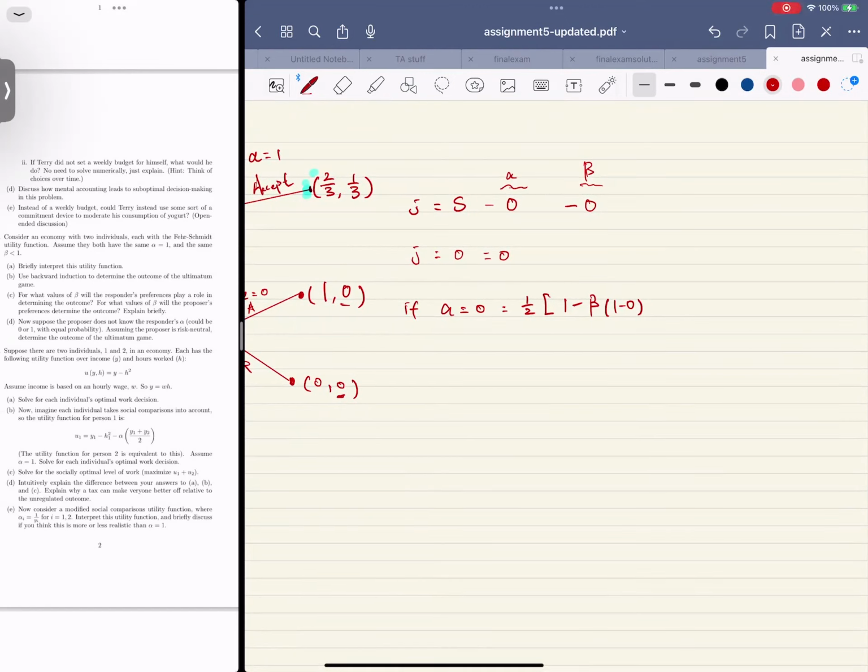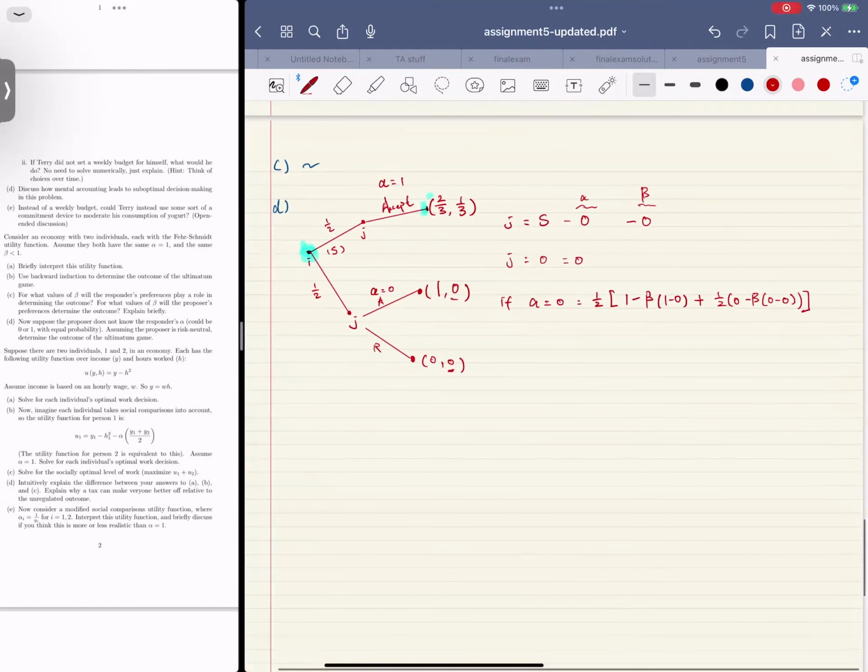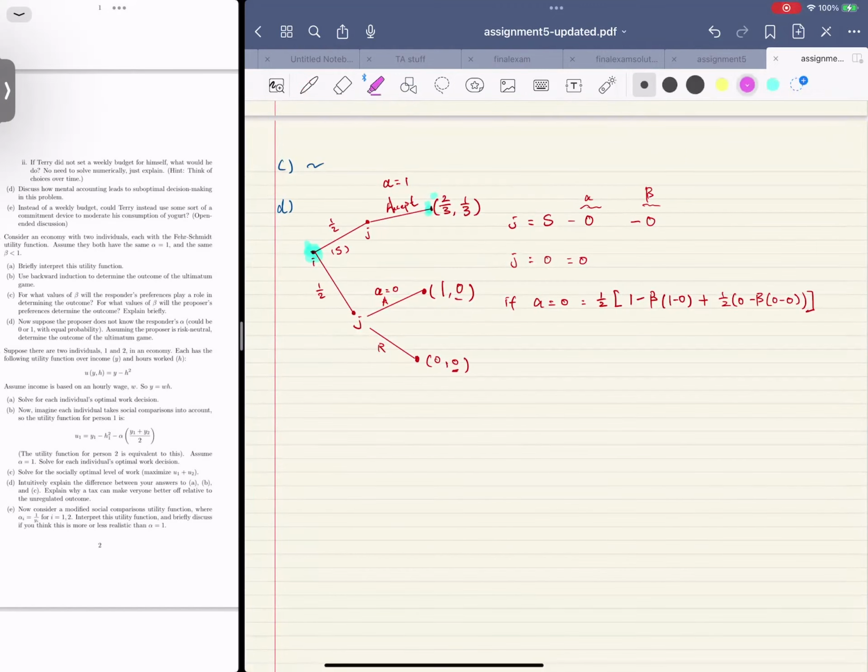And plus 1/2 of 0 minus beta of 0 minus 0. Right? So this is describing these two lines. And then the 1/2 is from here.